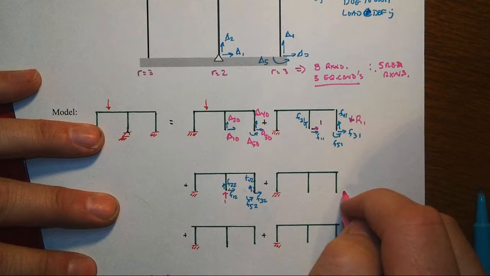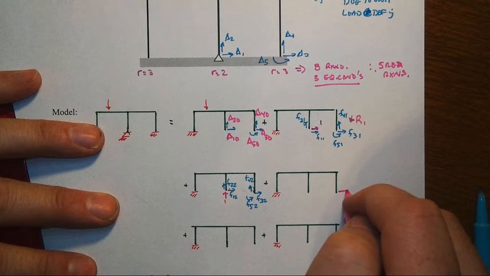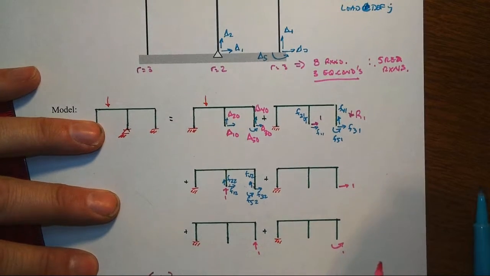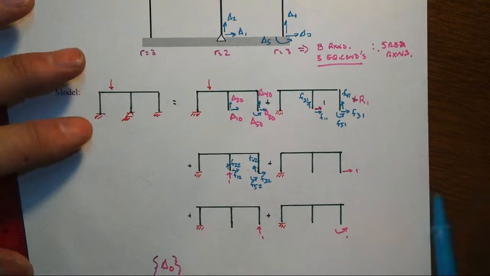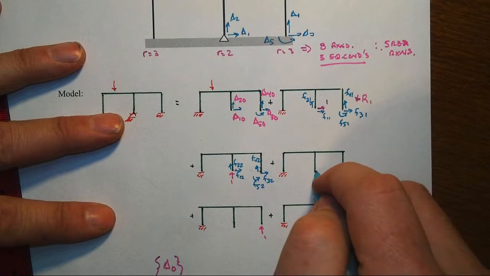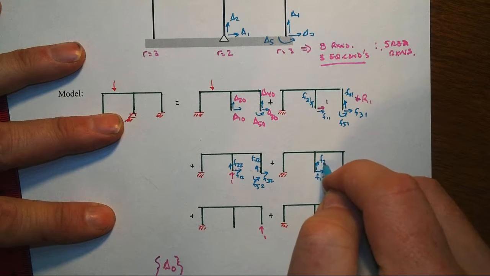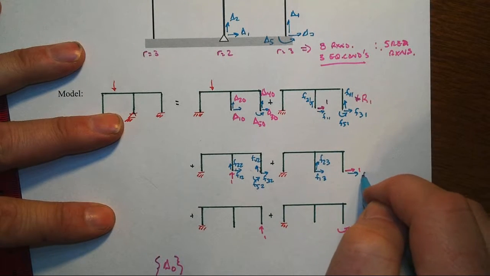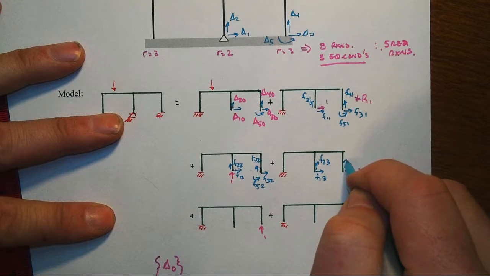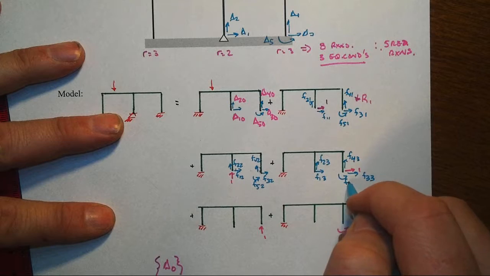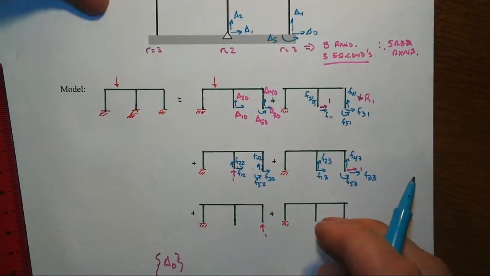We've got to keep on going with this. We've got a bunch more to do. Got to get all those, and then get all the displacements in there. The displacement at 1 caused by 3, F23, the displacement at 3 caused by the unit load at 3, displacement at 4 by 3, displacement at 5 caused by 3.